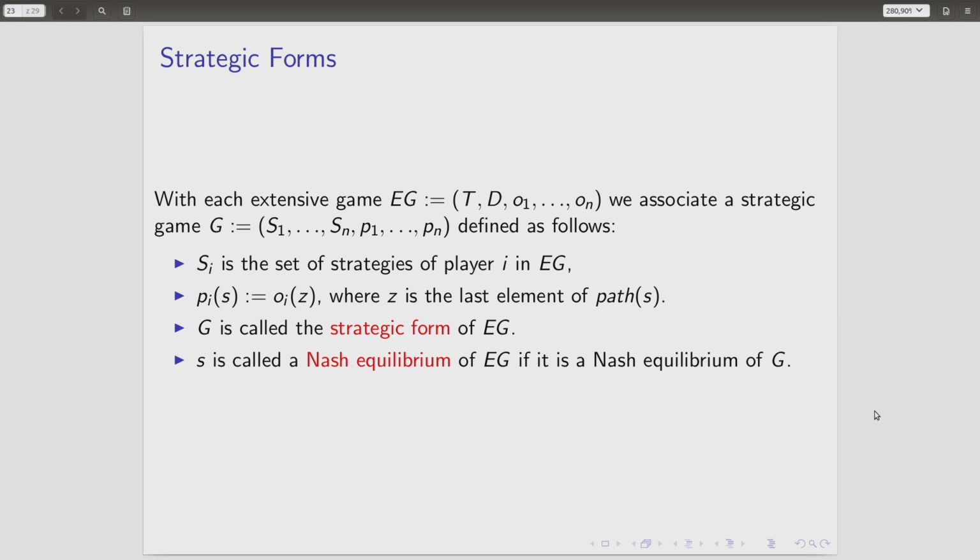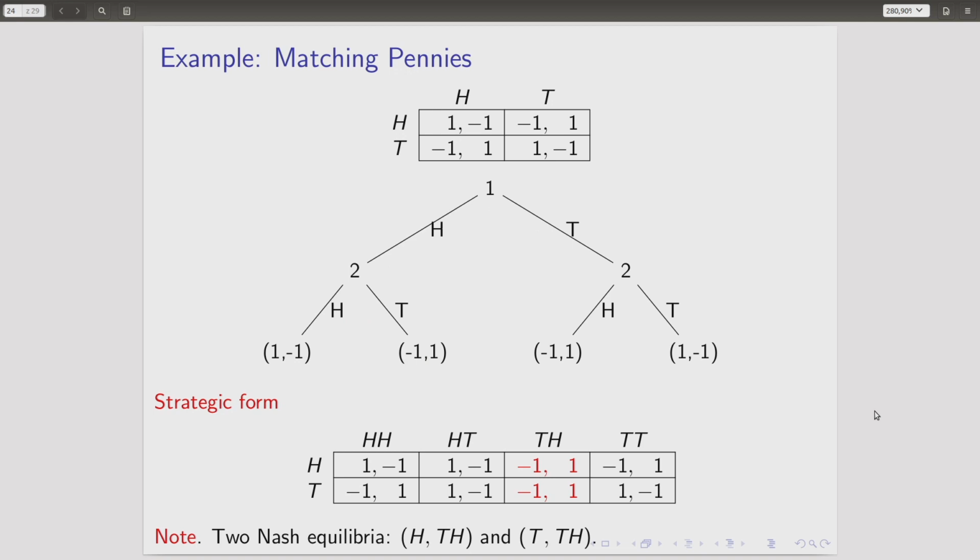So now you can use this observation to define what is a Nash equilibrium of an extensive game. It is simply a Nash equilibrium of this translation into a strategic game. So here is an example, because it is easily misunderstood, since this kind of transformation can go on forever, which is therefore a bit misleading.